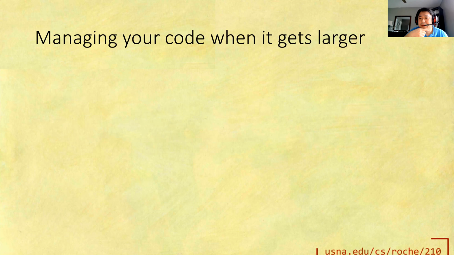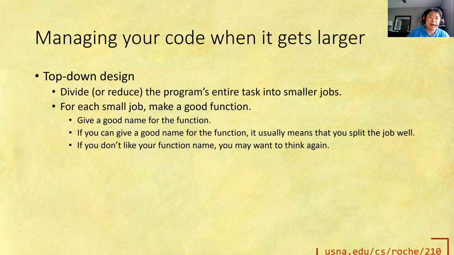Something like this happens when your code gets larger. So you've got to manage your code. What does that mean? That's the top-down design. You cannot write 1 million lines of code in one main function. If you do that, what if there's a bug?